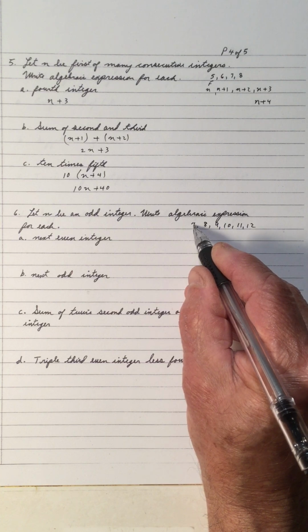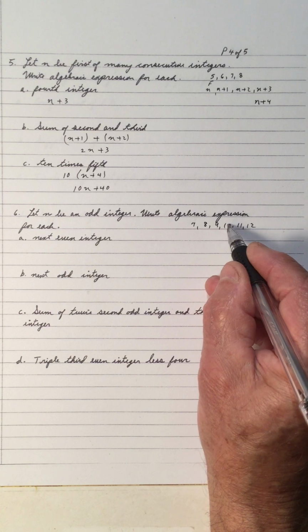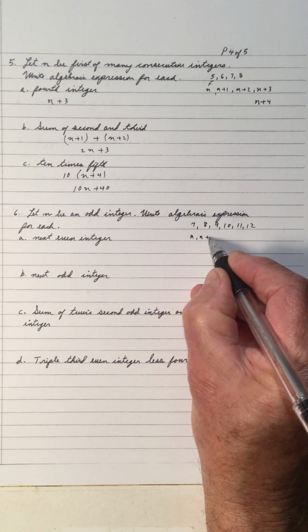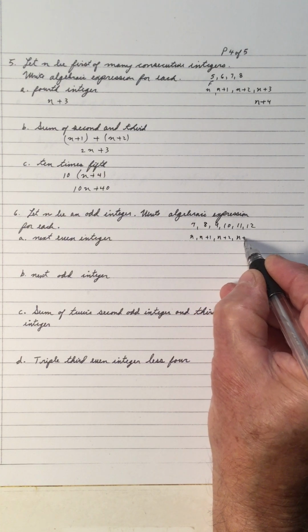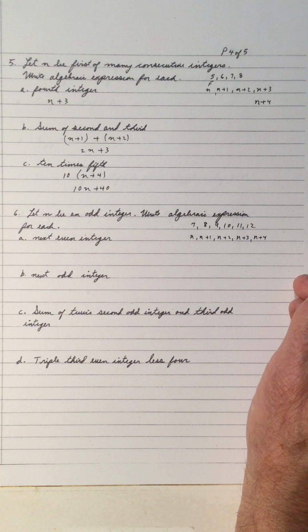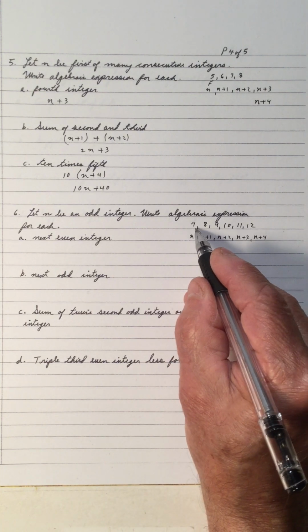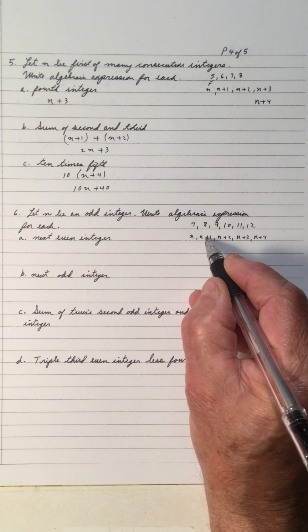If we do odd, we have an n, then it's n plus 2. So if that's n plus 1, that's n plus 2, they're consecutive now. So the next even one, if n is odd, right here, the next even one is add 1.